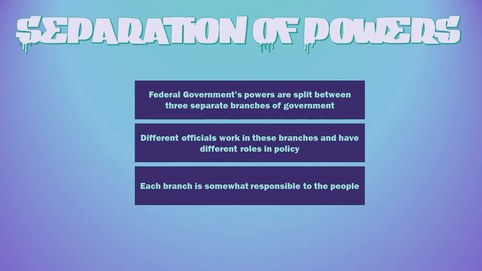People either belong to the legislative branch where they make the law, or they belong to the executive branch where they carry out the policy, or they belong to the judicial branch where they interpret the policy. But that's what makes our branches separate and co-equal branches. We have different people in the different branches of government, and they have different roles in the policy-making process.